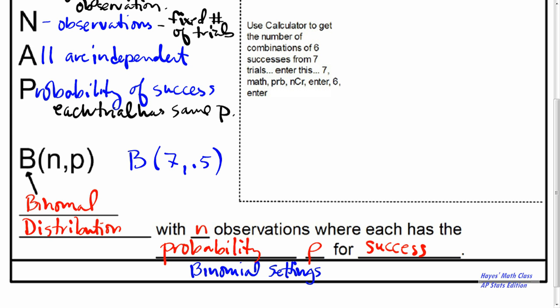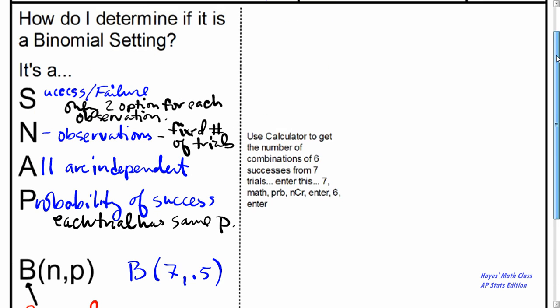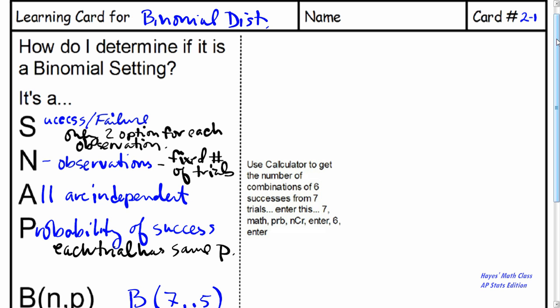All right, so let's do an example. Actually, we're going to write out the binomial formula first, and then we'll show you an example. So up over here, binomial formula. We're going to leave a little bit of room here so we can define things.